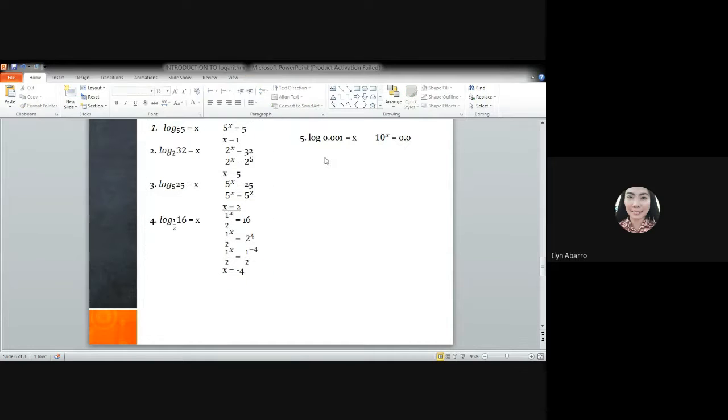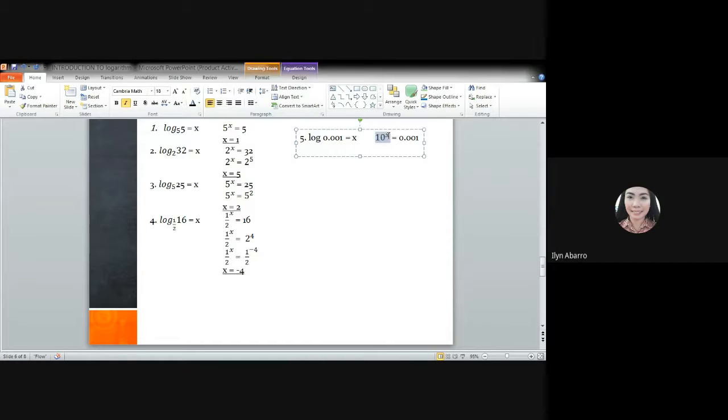Okay. Number 5, so, is equal to 0.001. Okay. So, we're going to make the bases equal. So, gagawin natin silang base 10.